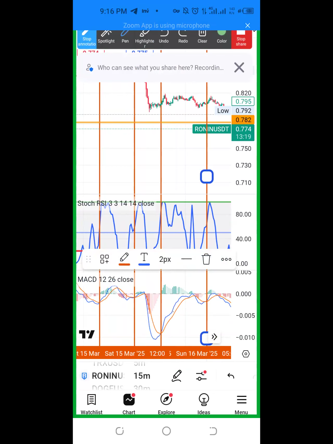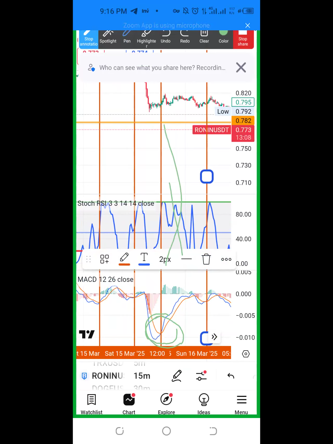There's another golden cross that happened here, because this is my MACD indicator. There's one golden cross here, another one here, another one here. You can see the golden cross happened 2 times on Saturday, and it happened on Sunday too.